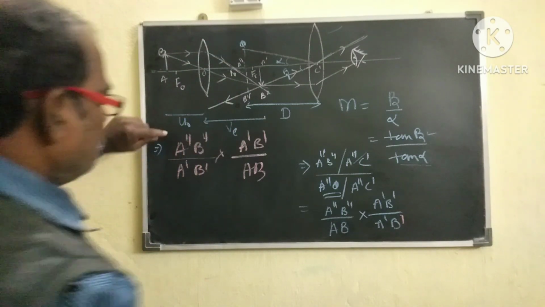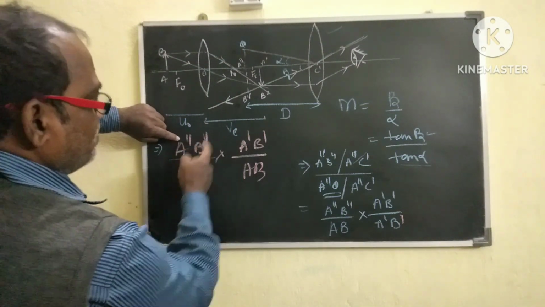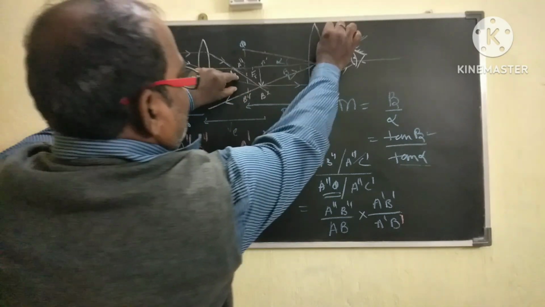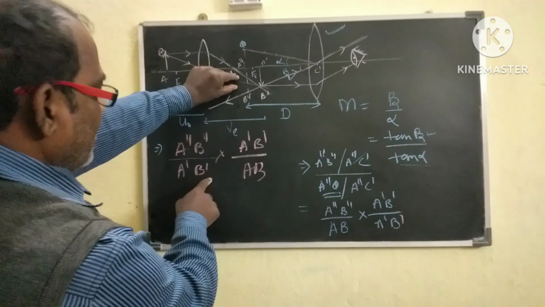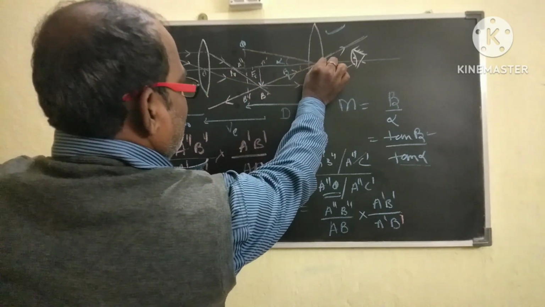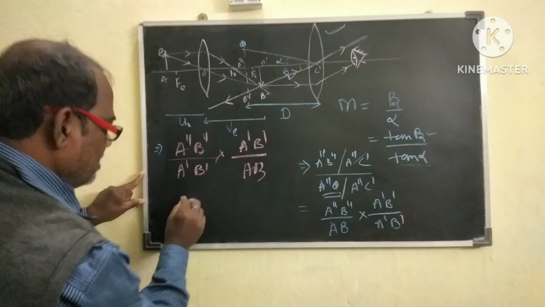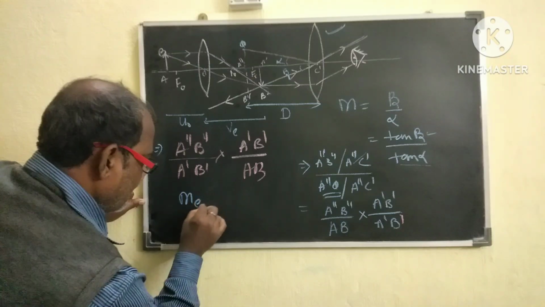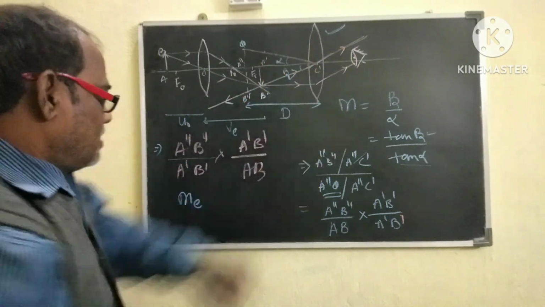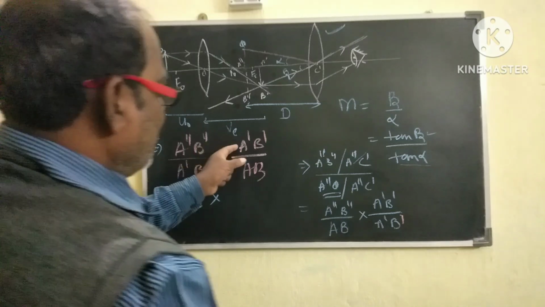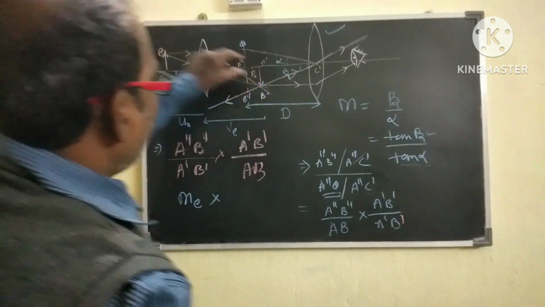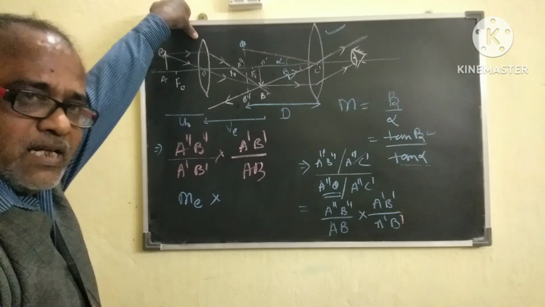Why? Because now you can see that A''B'' is the image formed by the eye lens from A'B'. A'B' becomes the object of this lens. That means we can write the first ratio as ME, the magnification due to the eye lens, into again A'B' by AB, where A'B' is the image formed due to the object lens.